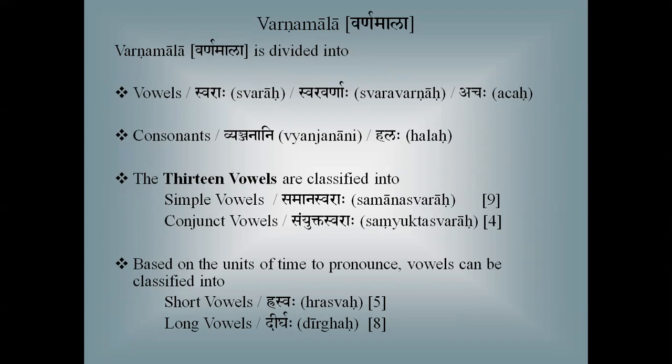Vowels only can be short and long. Consonants cannot be short or long. Why? Because without vowels, consonants cannot be pronounced. Therefore, short or long is possible only in the context of vowels. So whenever we say short or long, it refers to the vowels only.